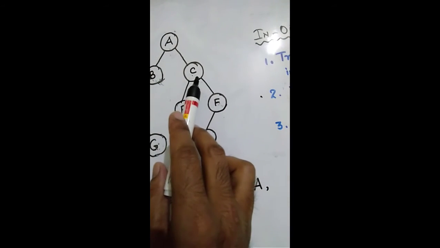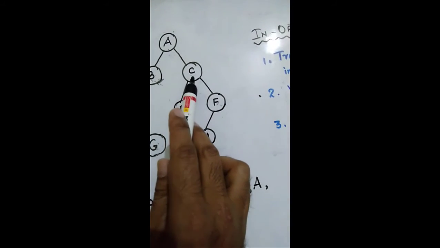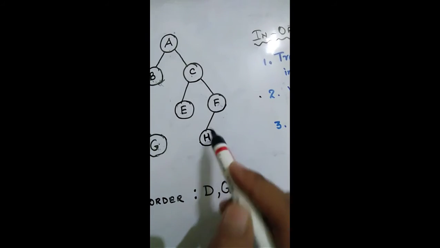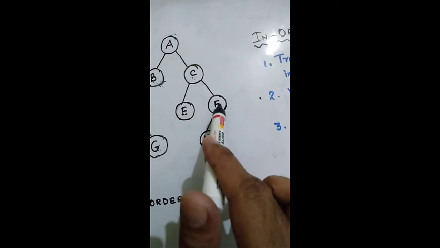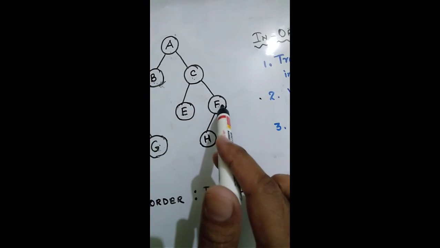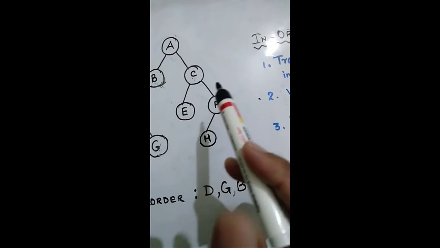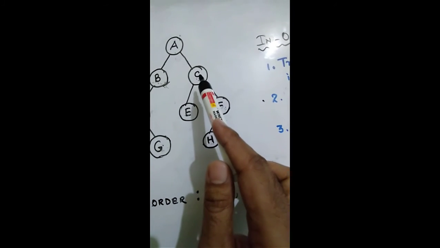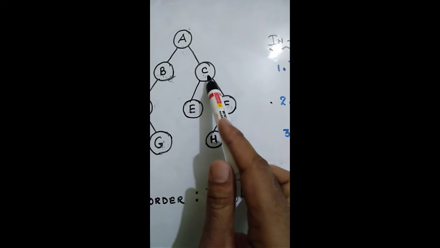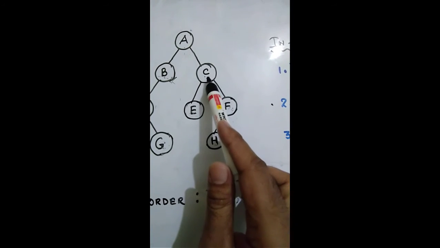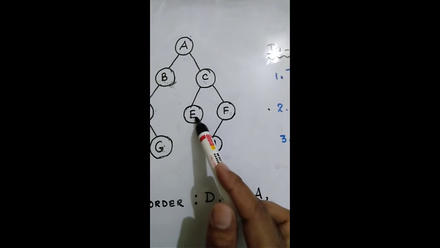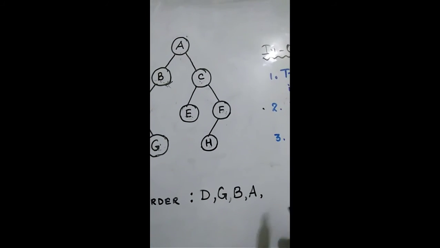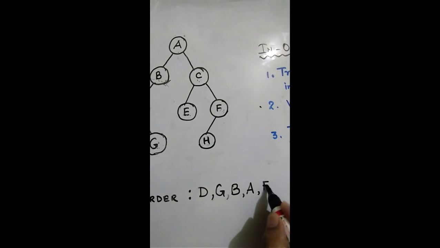Again, considering this right subtree C, E, F and H, we have C, and C has two children, E and F. Now considering this right subtree, starting from C, first we will move towards left and visit the node and print it.